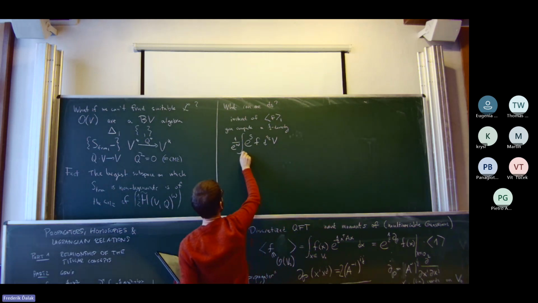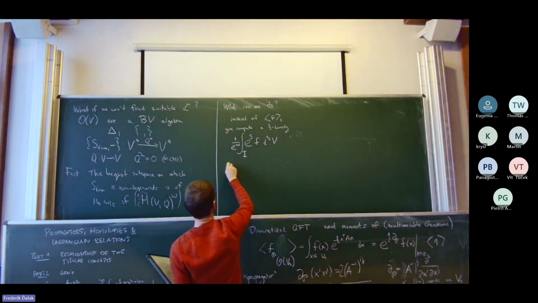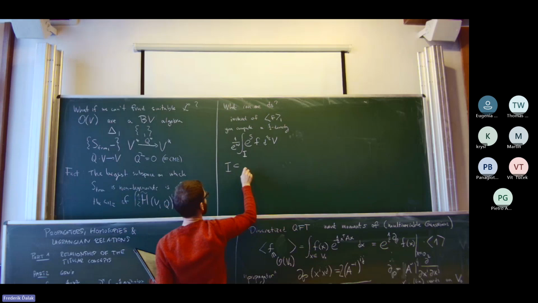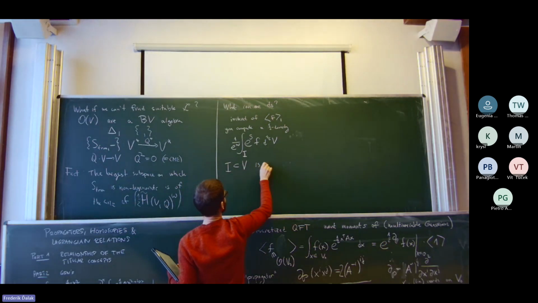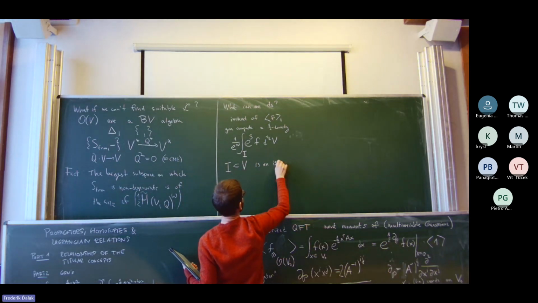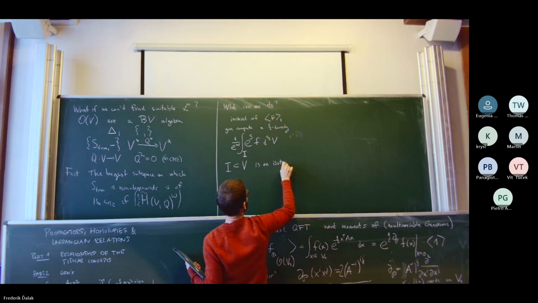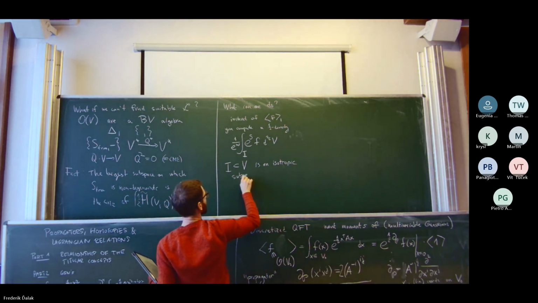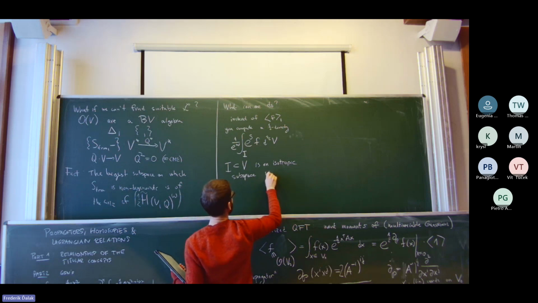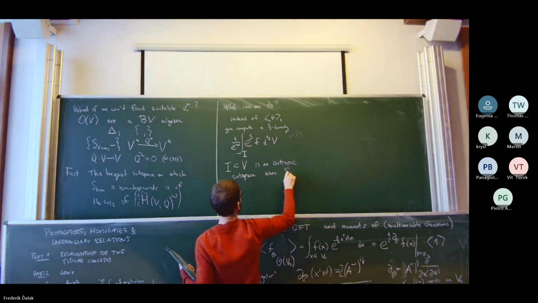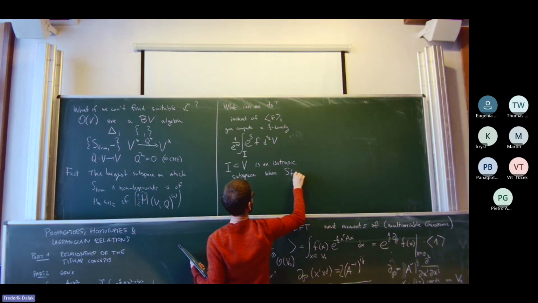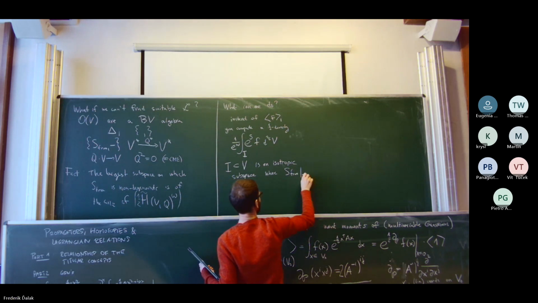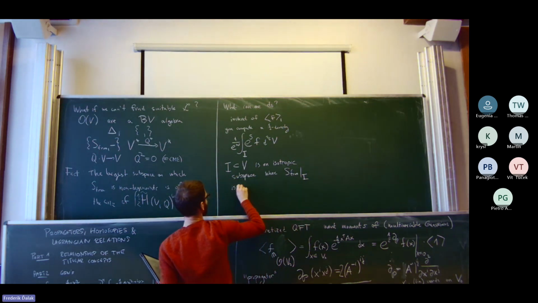Now what you integrate over is something that I call I, a subspace which is an isotropic subspace, meaning that the symplectic form vanishes on the space, where S3 restricted to I is non-degenerate.